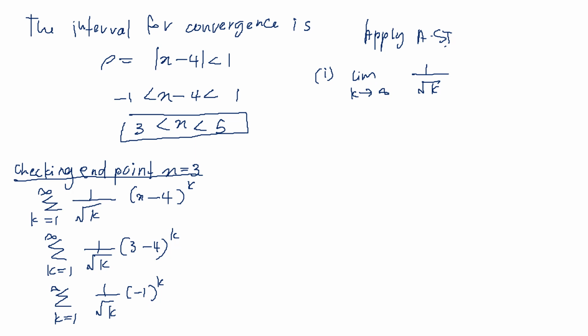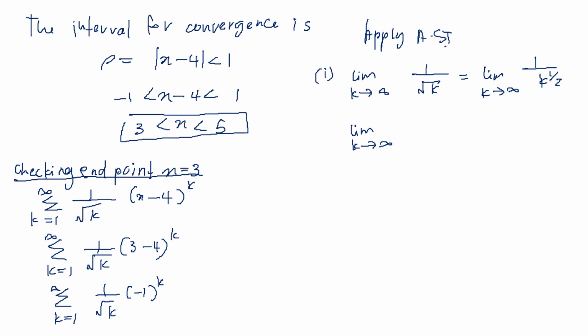Then you have to solve this one. So the limit as k approaches infinity of 1 over k to the power of 1/2. You can divide with the highest power, or you can differentiate this one.